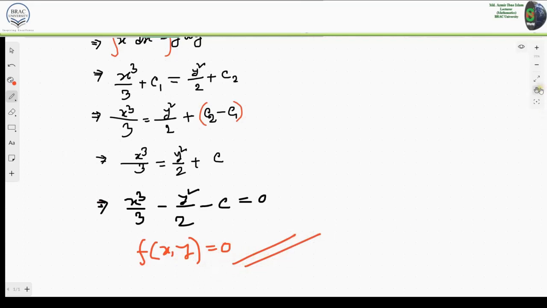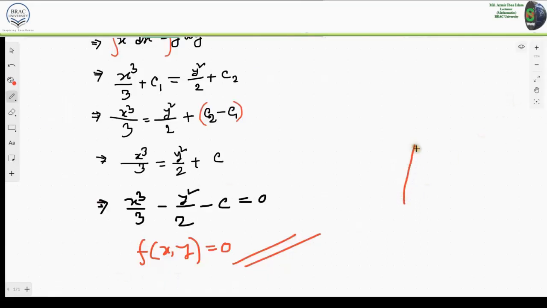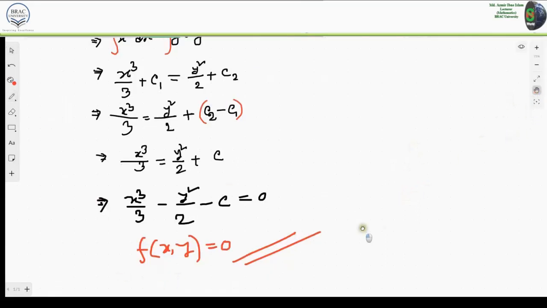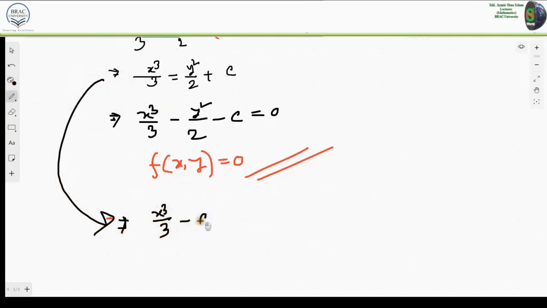That means this is the implicit solution, having the form f of x, y equal to 0. You can keep your solution just like this, or we can also write the explicit form. Have a look here. x cubed by 3 minus c equal to y squared by 2.